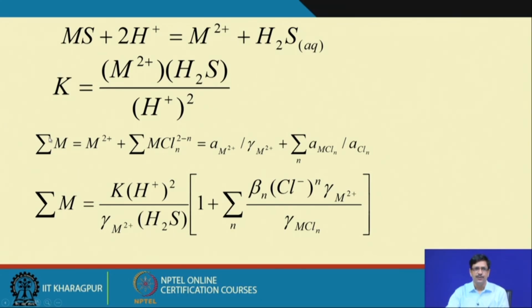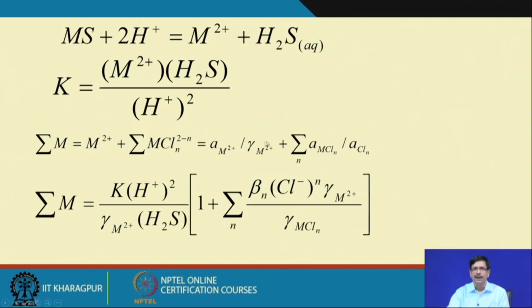And now if we try to find out what exactly is the total amount of the metal M which is there in the solution, then we have to consider the metal to be present in the form of M2 plus and the total concentration of all the metals which is complexed in different stoichiometry, because this is a summation term. So, that means if it happens to be MCl or MCl2 or MCl3 and so on, then the total concentration will be coming out of all the possible complexes stoichiometry that is possible for a bivalent metal like, say for example, lead.